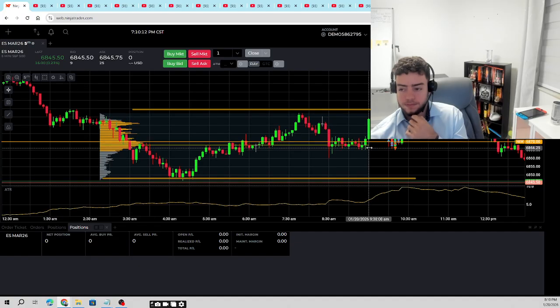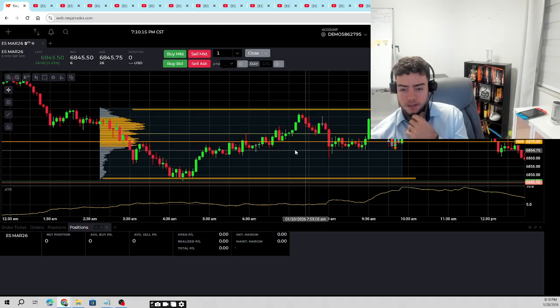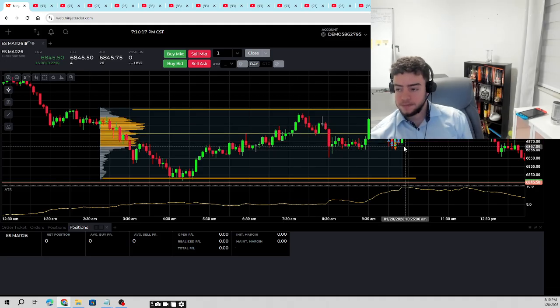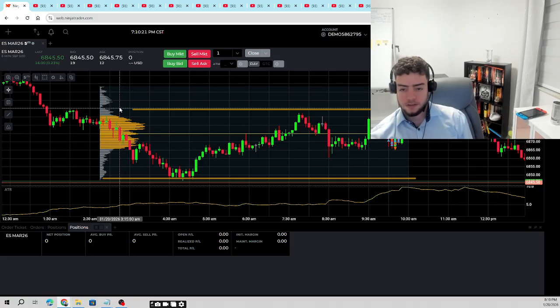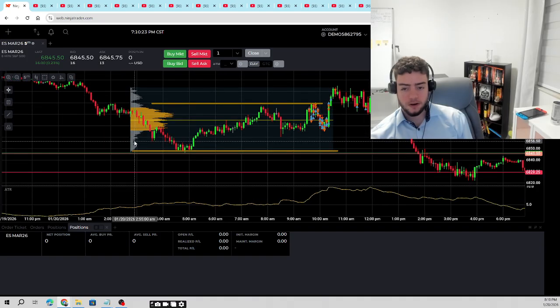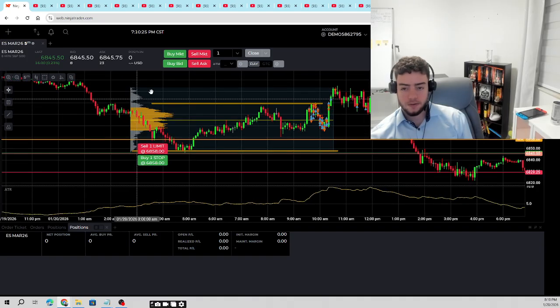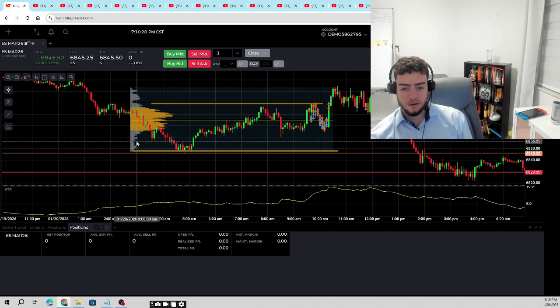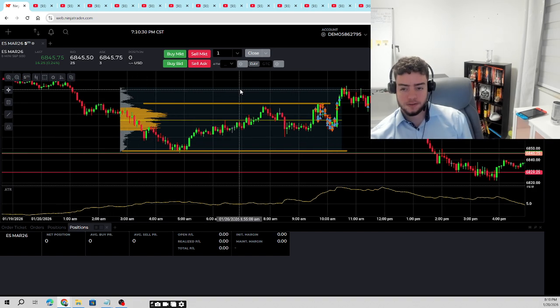But as soon as it goes here, you see how there's still low volume here, low volume here. This is called a low volume node. This is a high volume node.